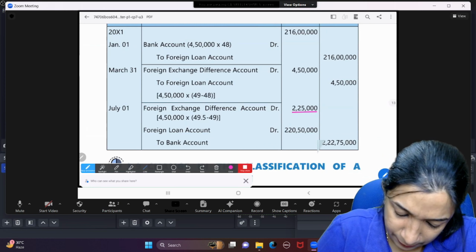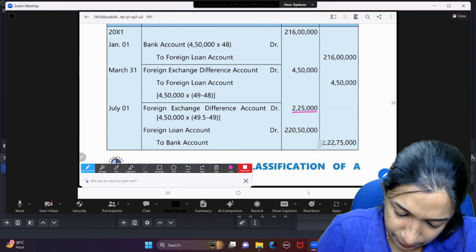Now, let me take illustration number 1. Quickly, okay. Classify the following items as monetary or non-monetary items. What do you think? Inventories are, I can hear, non-monetary. Trade receivables, yes, settlement in foreign currency, monetary. Investments in equity shares, non-monetary.